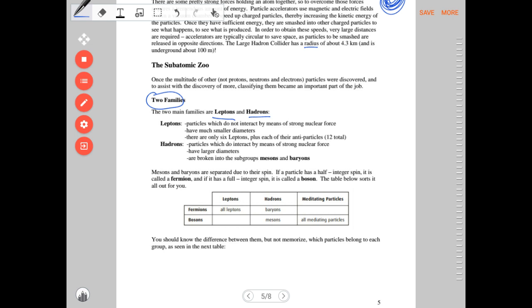They have much smaller diameters, and there's only 6 of them, plus each of their antiparticles. Remember, every particle has an antiparticle. So that means that there are 12 leptons: 6 leptons, 6 antileptons. Very, very small, and they do not interact by the strong nuclear force.